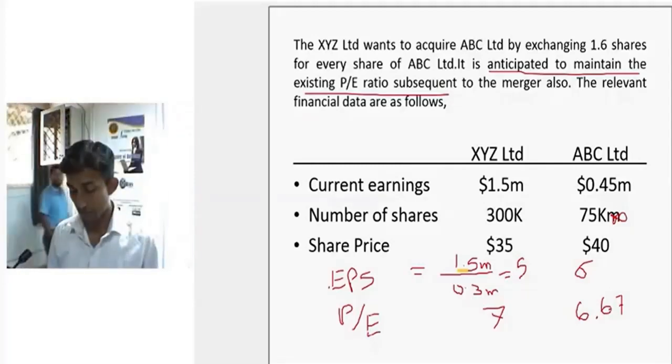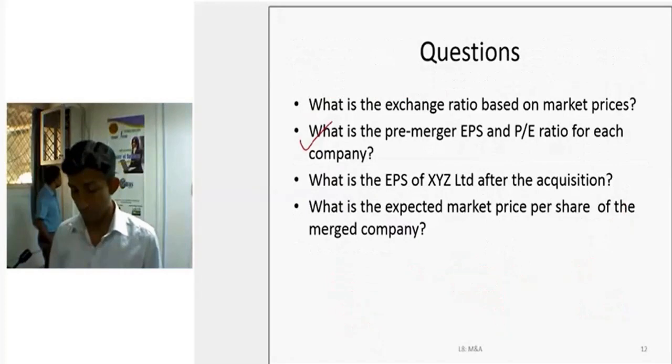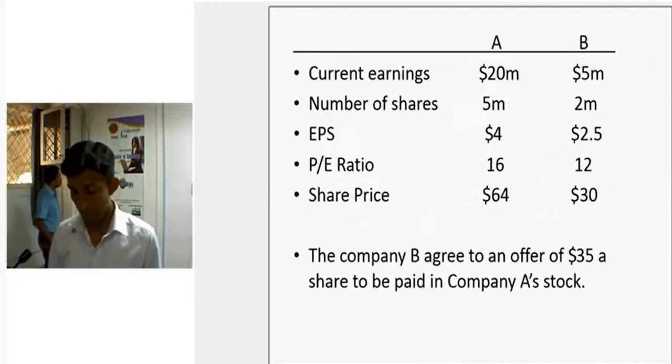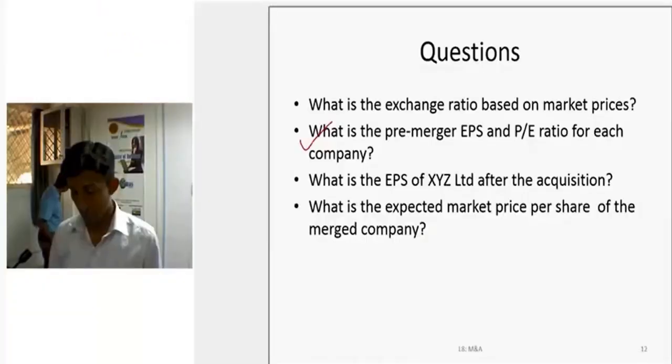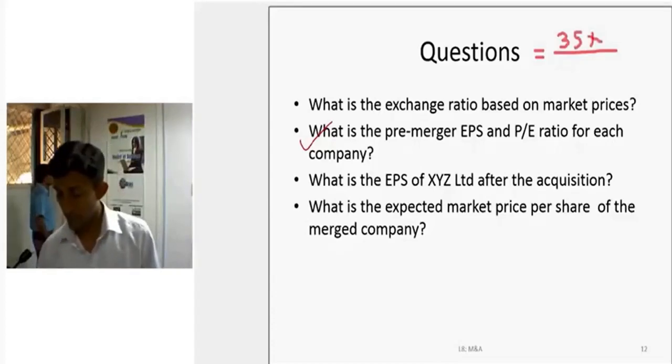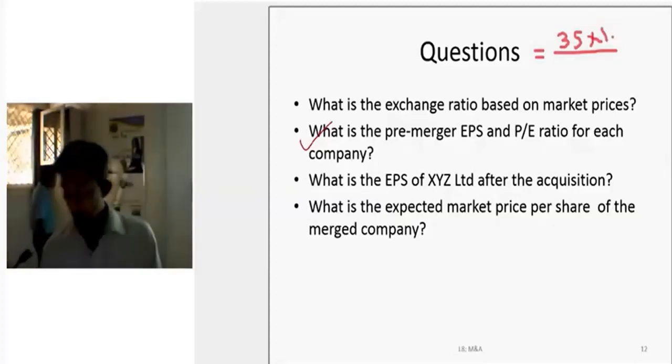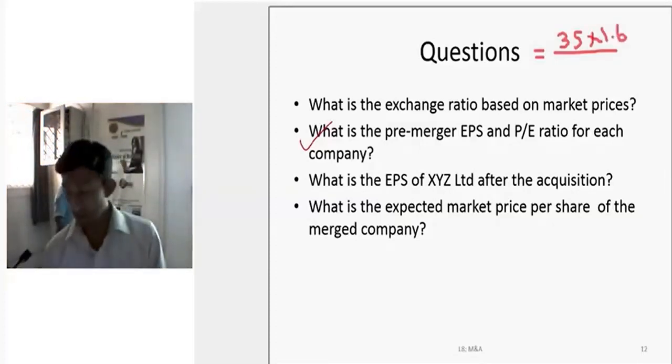So therefore, the exchange ratio would be, I will write this here, $35 per share into 1.6, that's the ratio, and we divide by the share price of the ABC Limited.